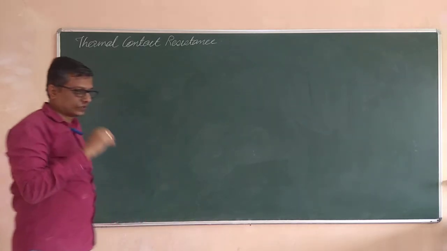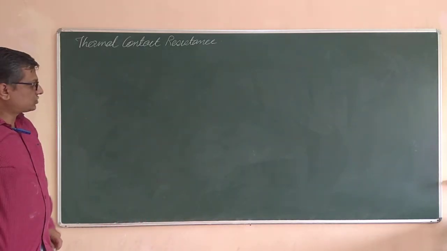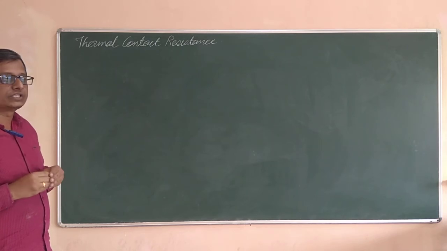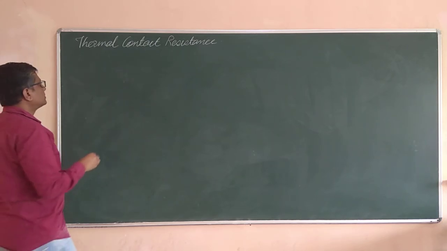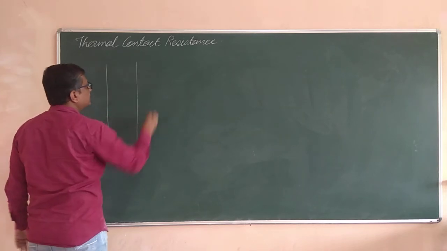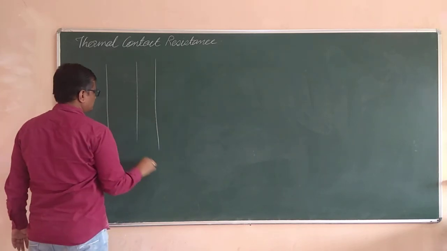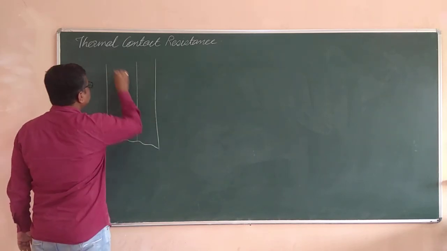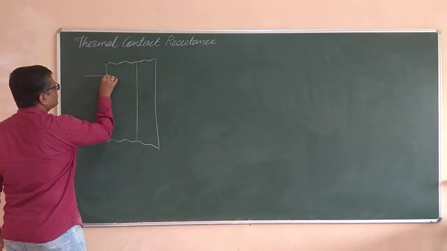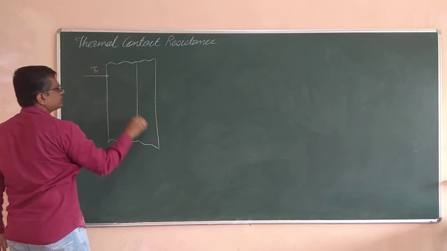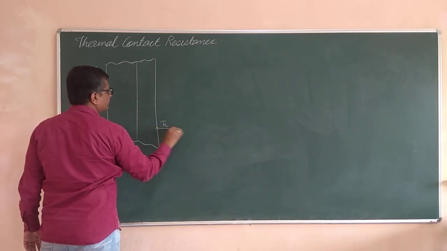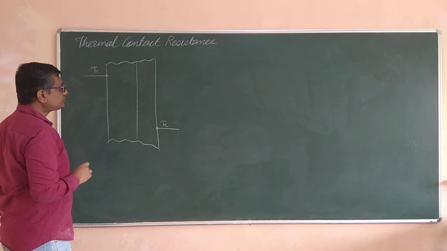We have just seen how to solve problems related to a composite slab, but many times what happens if there is a composite slab made up of two materials joined by some force fitting. This is an infinite slab again, maintained at a temperature difference of T1 and T2.